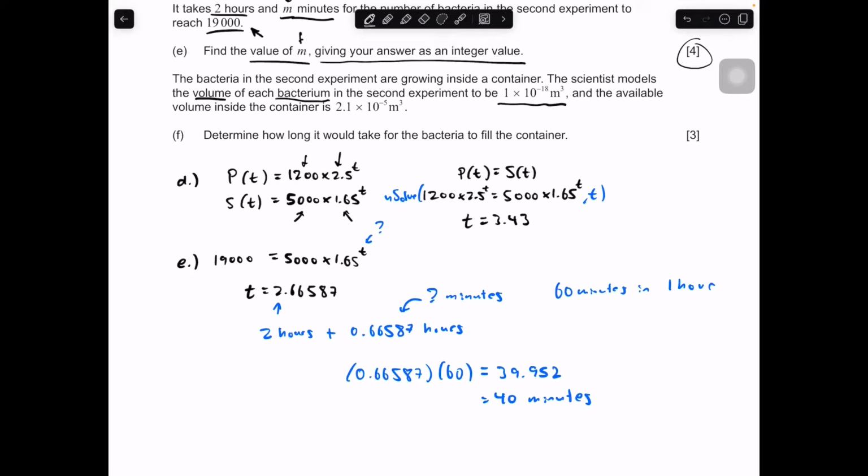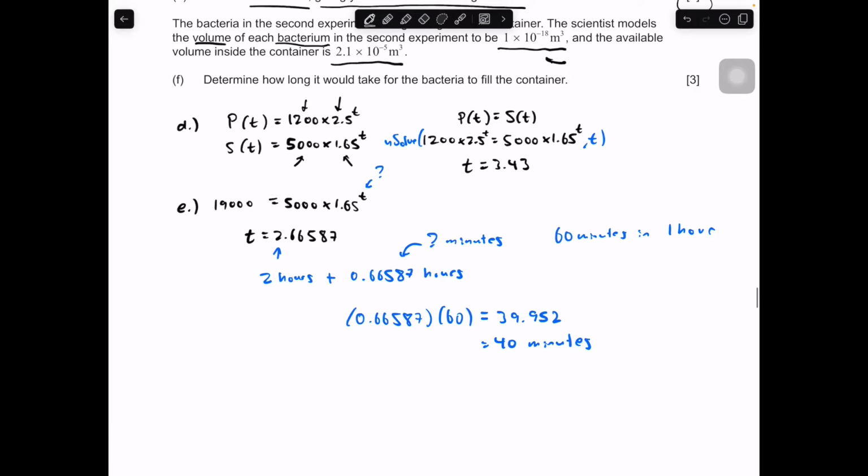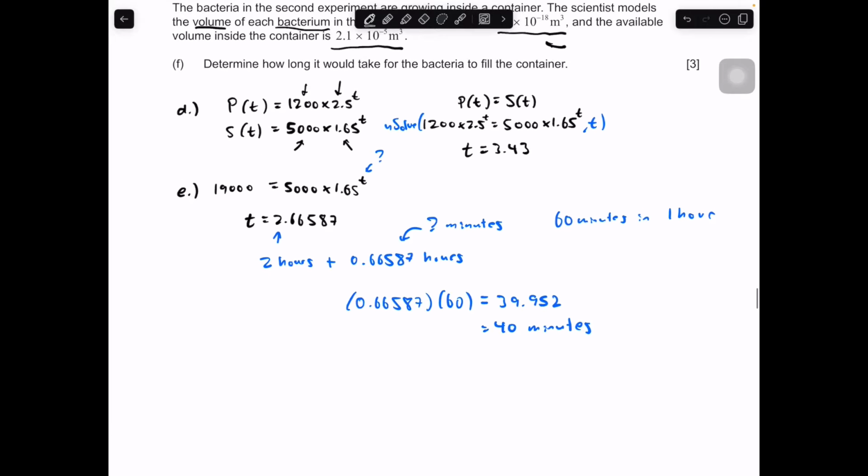So this is the volume of one bacterium. And the available volume inside the container is 2.1 times 10 to the negative 5 meters cubed. Determine how long it will take for the bacteria to fill the container.